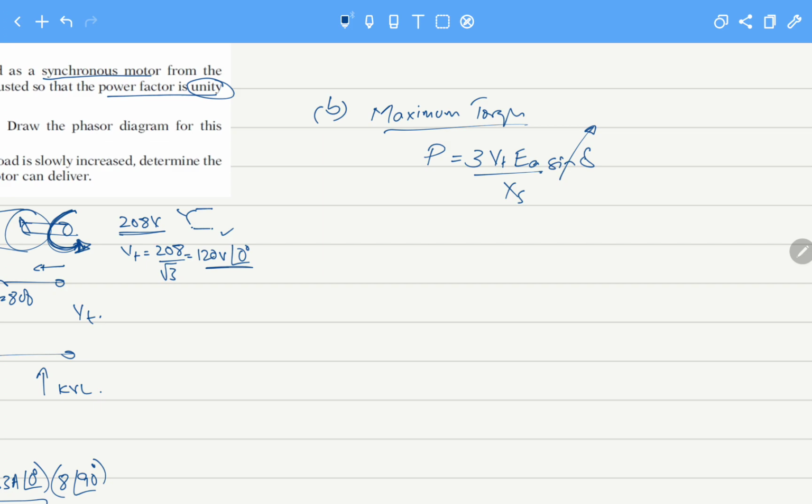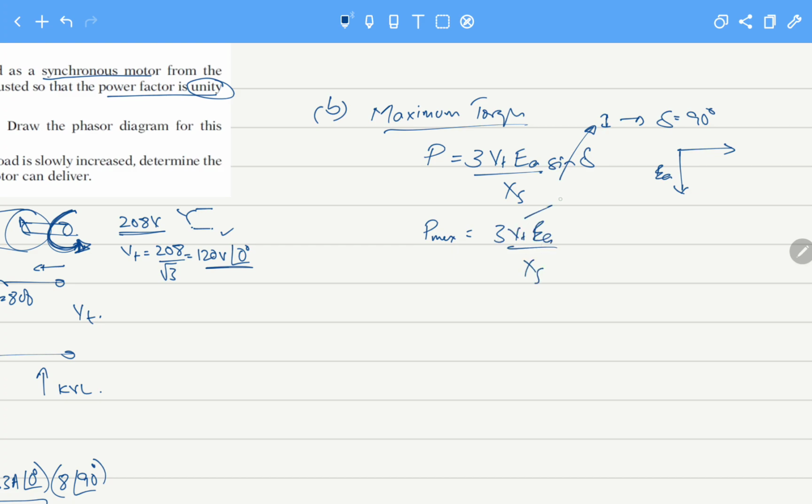In the case of maximum power, this sine delta equals 1, where delta equals 90 degrees. What is delta? The angle between VT and EA. This will be the condition for maximum torque for the machine. So P max will be 3 VT EA over XS.